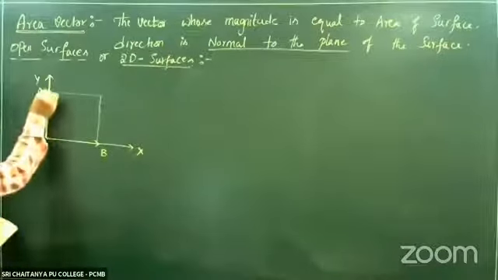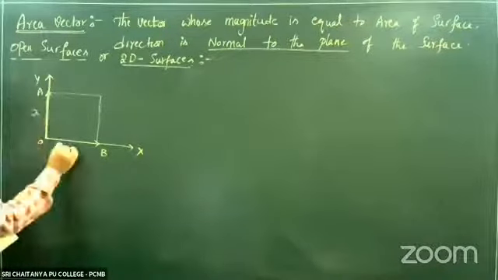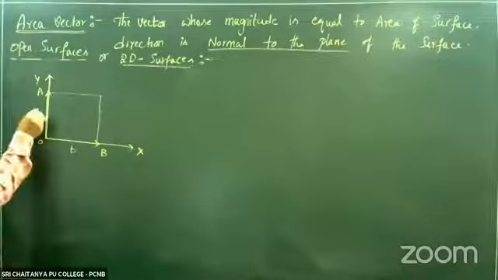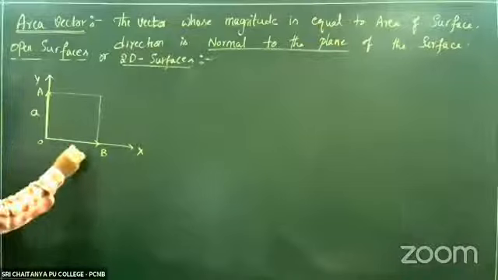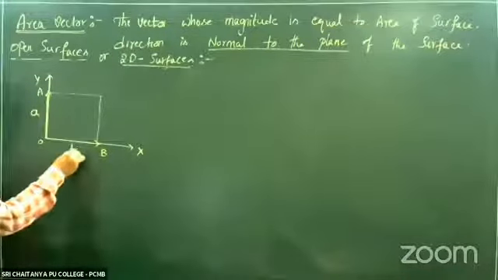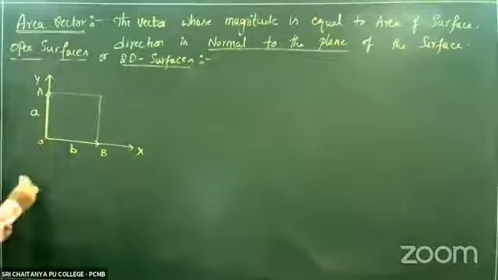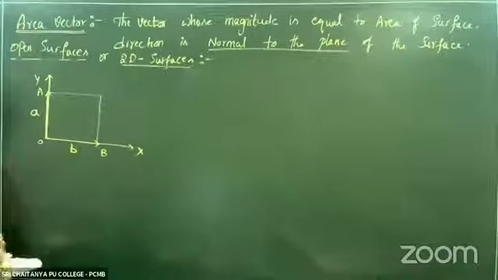Let OA be given as A, and OB be given as B. This is A and this is B. Generally, what formula do we have for the area vector?